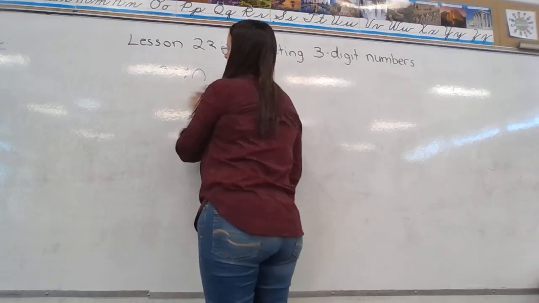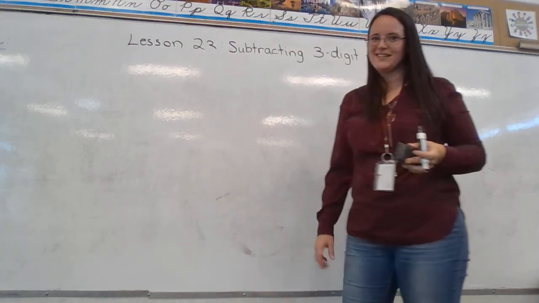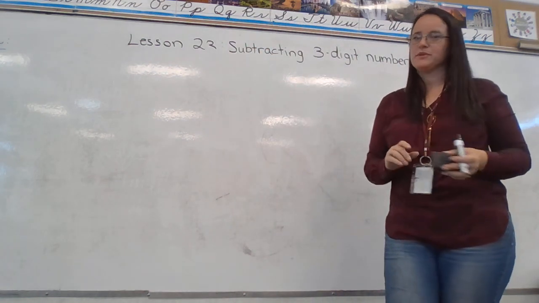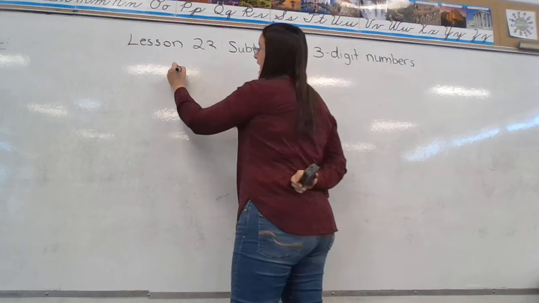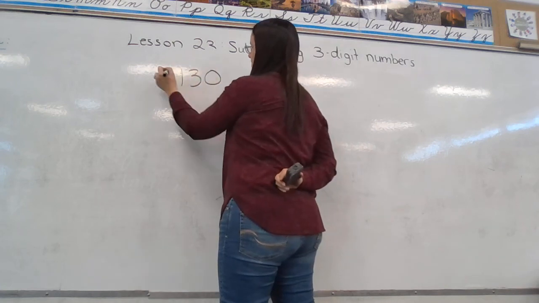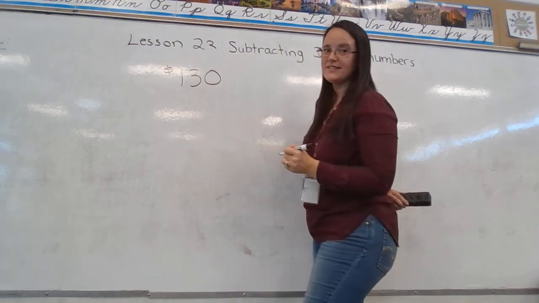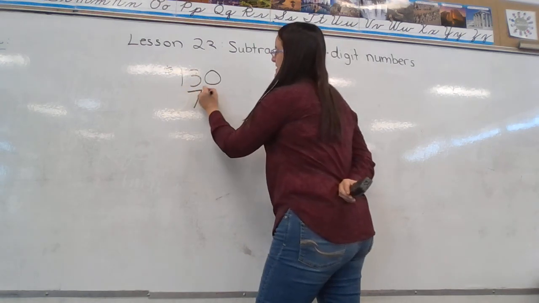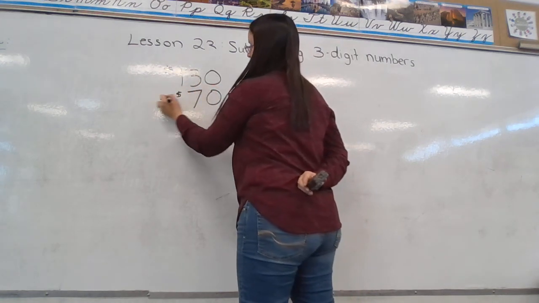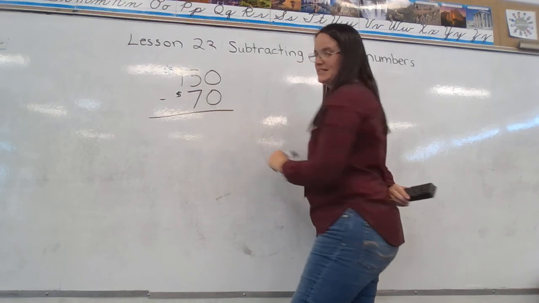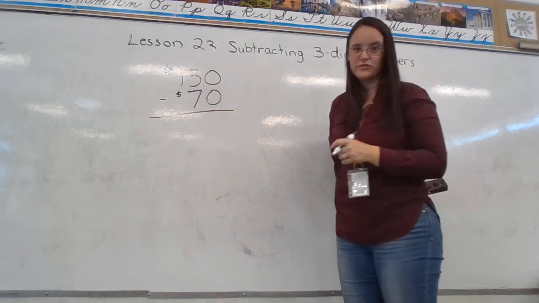So we have to look at what the problem's saying, not necessarily the order that they write the numbers. So the customer has $130. The customer spends $70 on groceries. How much is left? That's the way we have to write this.